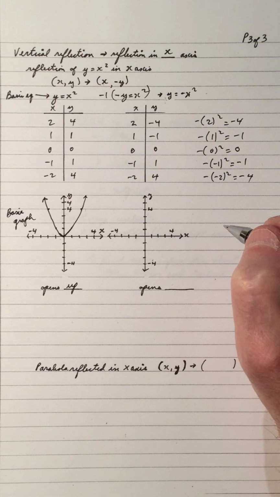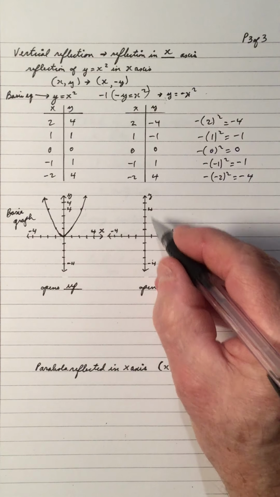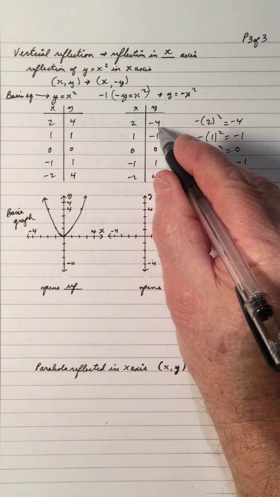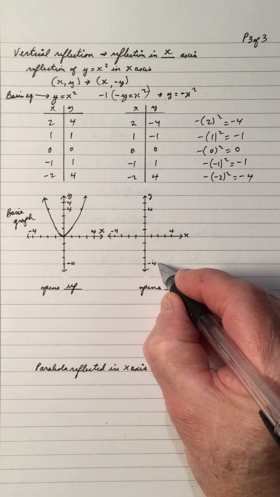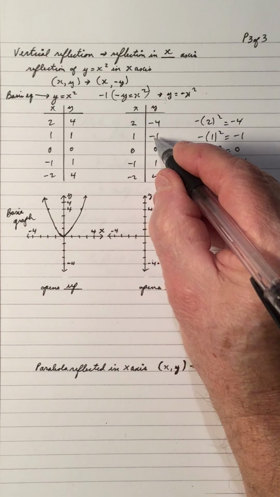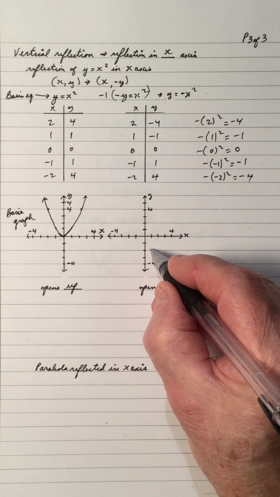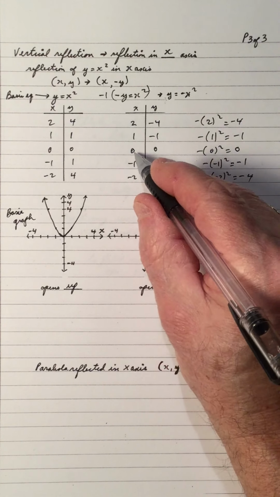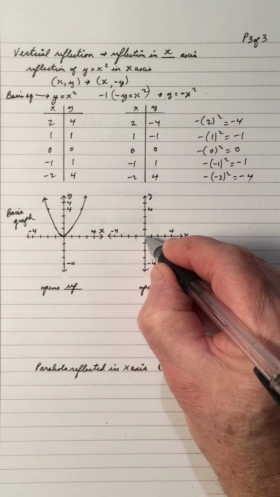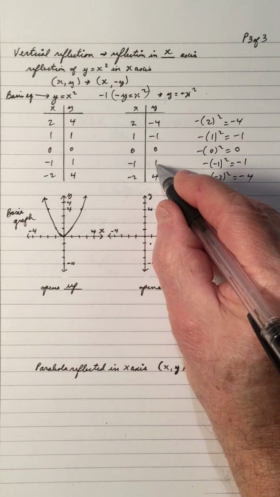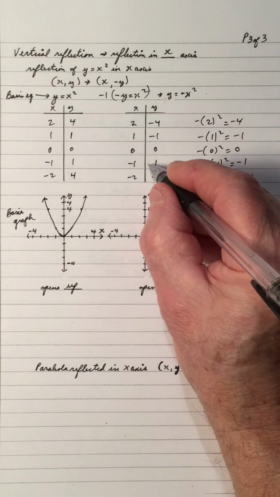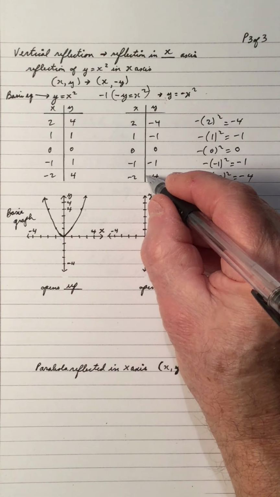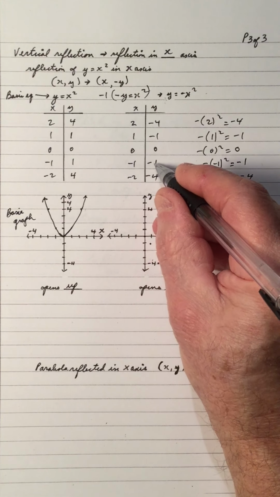So what happens? Let's look at the graph. Now 2 gives me negative 4, so 2 gives me negative 4 right here. 1 gives me negative 1. X is 1, y is negative 1. X is 0, y is 0. Oh, I put a 1 and a 4 in there, and that should be negative.